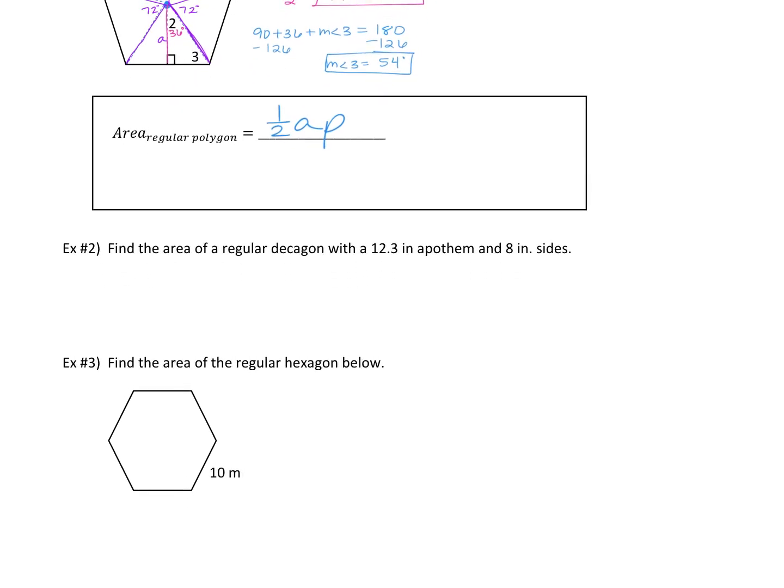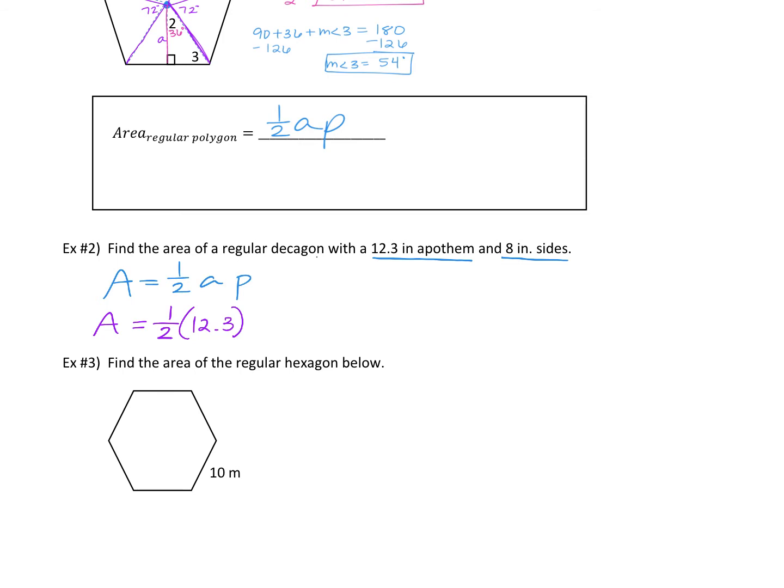Okay, so let's try this. It says find the area of a regular decagon, important that it's regular, with a 12.3-inch apothem and 8-inch sides. If I'm using A equals 1/2 times a times P, can anyone tell me what a equals? 12.3. So you're going to go 1/2 times 12.3. Can anyone tell me what P equals?